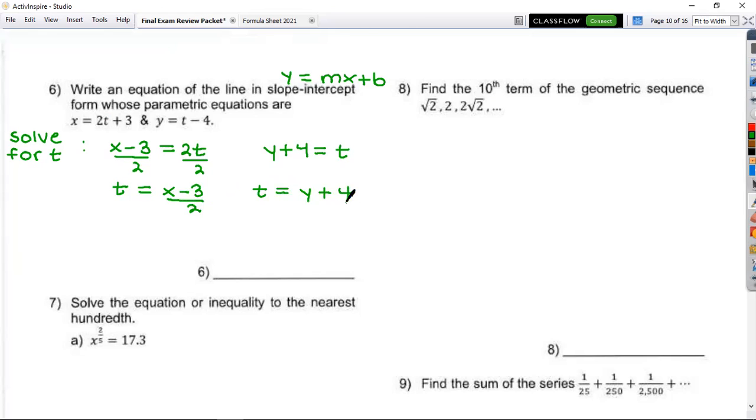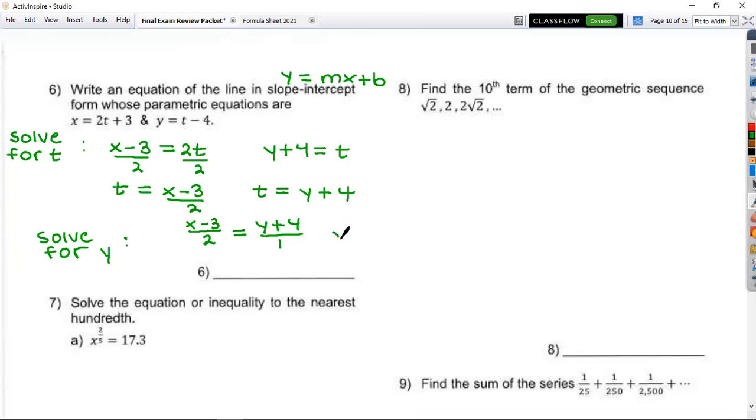So I'm going to go x minus 3 now over the 2 is equal to y plus 4. I'll go over 1 for consistency. And then at this step right here, you're going to solve for y equals.